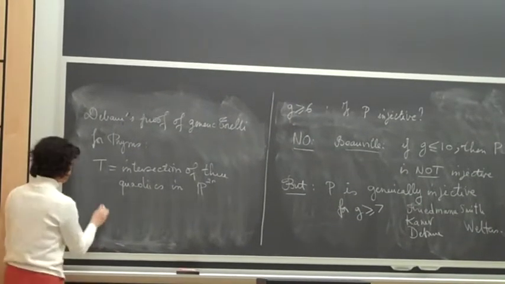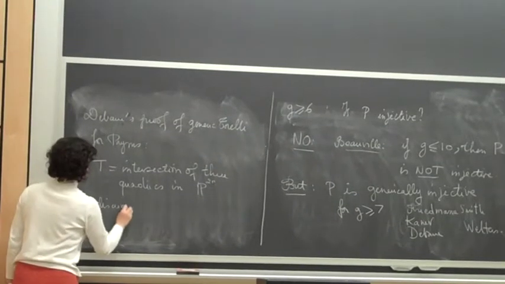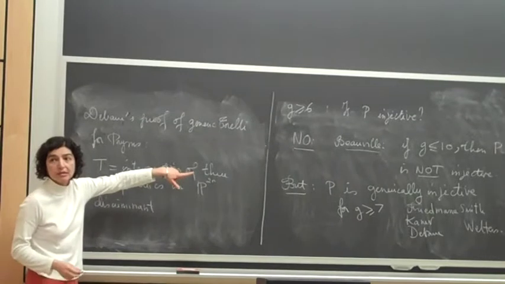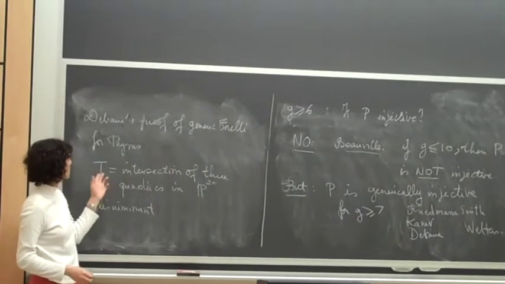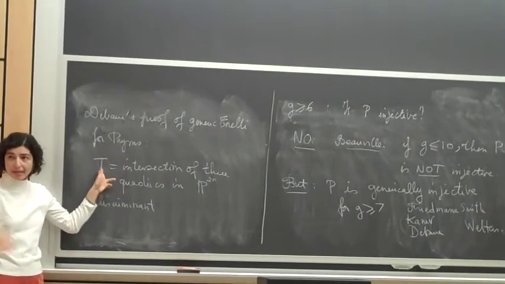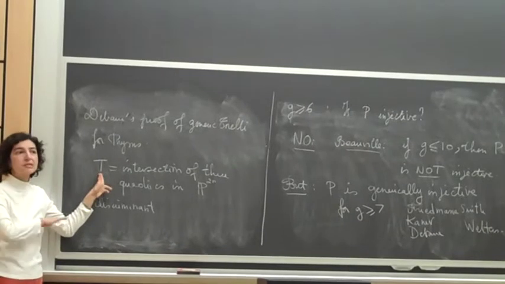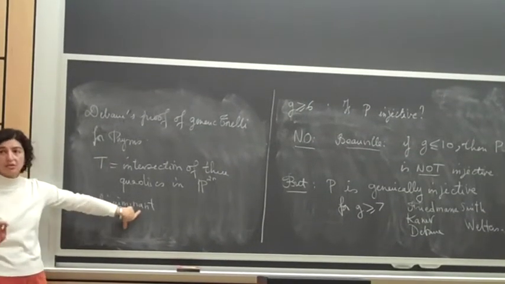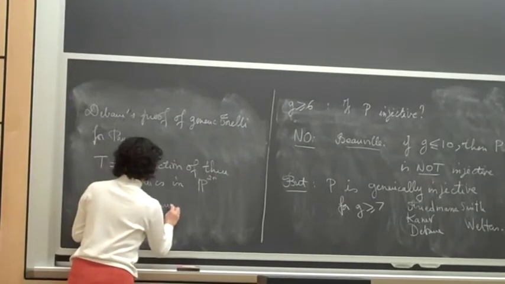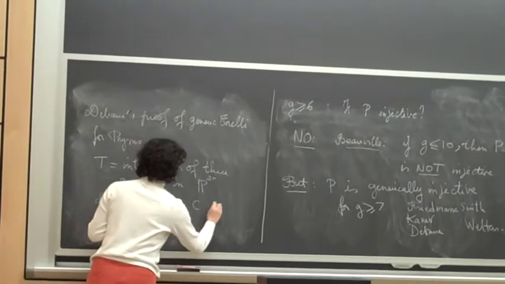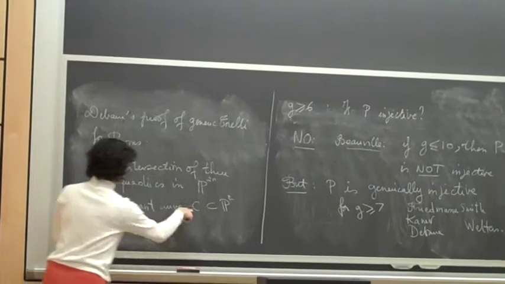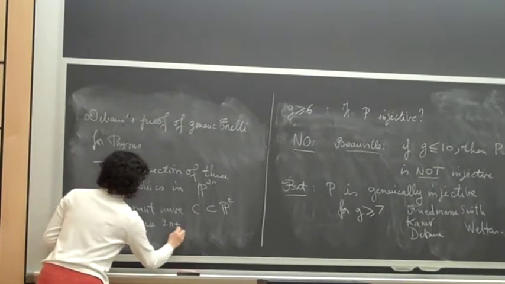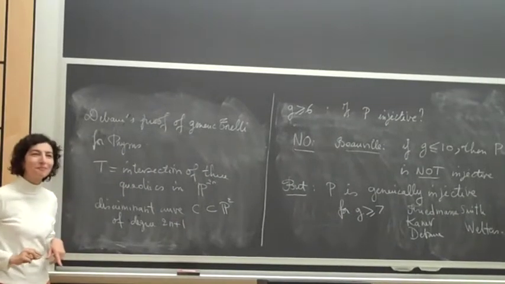It has a discriminant curve, which parameterizes the singular quadrics. There are three independent quadrics that contain T, and they generate a plane. In that plane, you have the singular quadrics that contain T, and the discriminant curve parameterizes those. So the discriminant curve is a plane curve, and you can compute the degree. It has degree 2n plus 1.